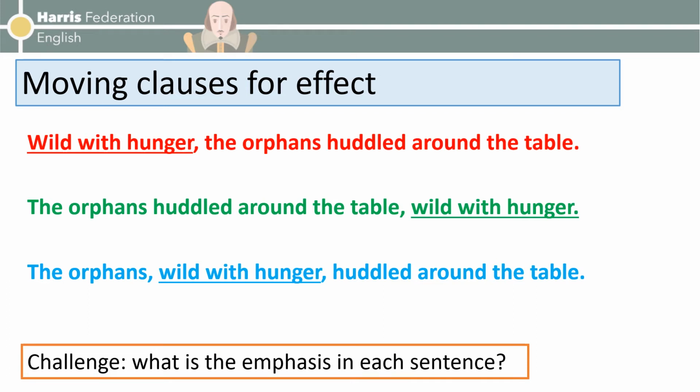The blue sentence: the orphans, wild with hunger, huddled around the table. So you could have the subordinate clause at the beginning of the sentence, like the red one, at the end, like the green one, or in the middle, like the blue one. What do you think the emphasis is in each sentence?